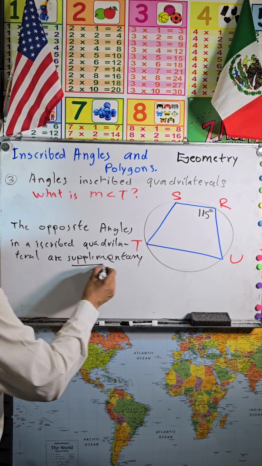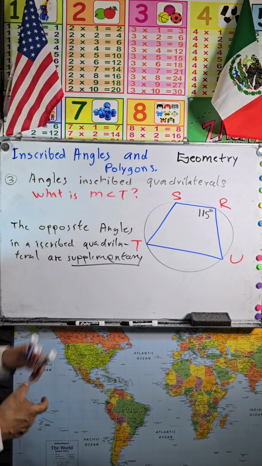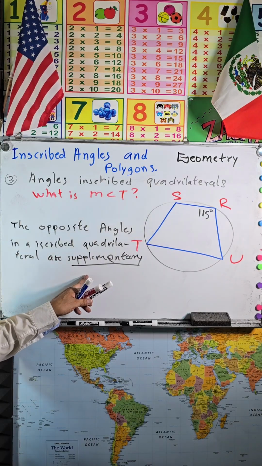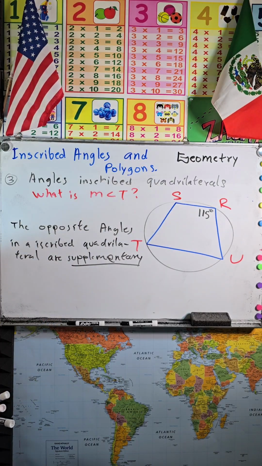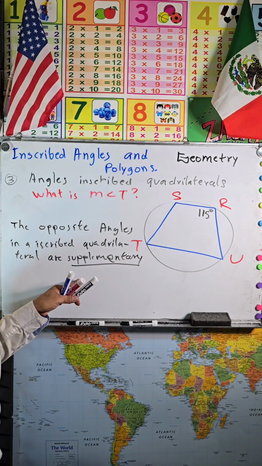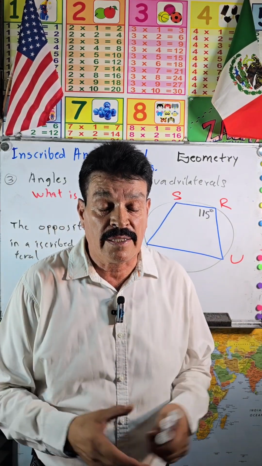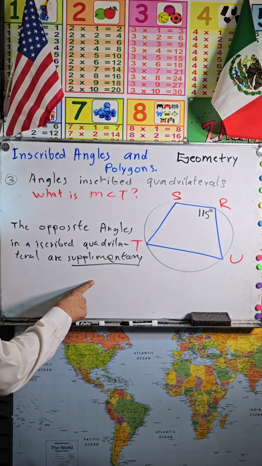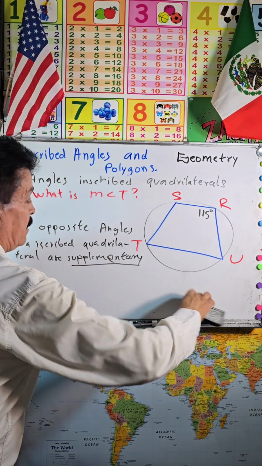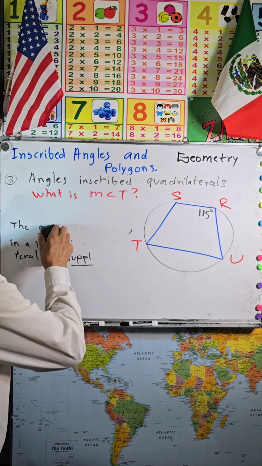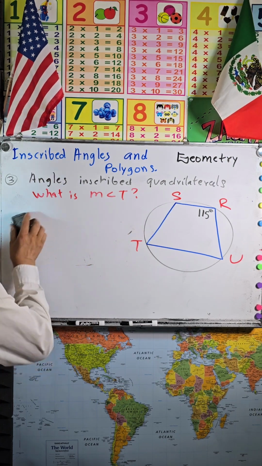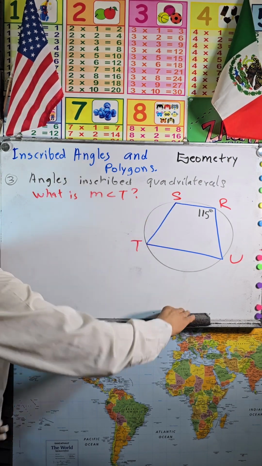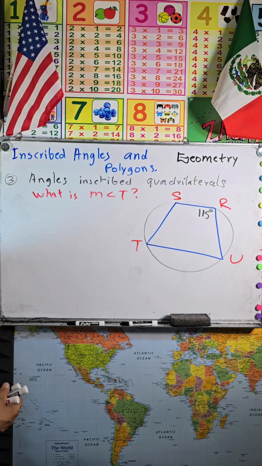This is very important. Identify this key in this kind of problem. Supplementary angles are equal to 180 degrees. This is the key to solving the problems in this section.